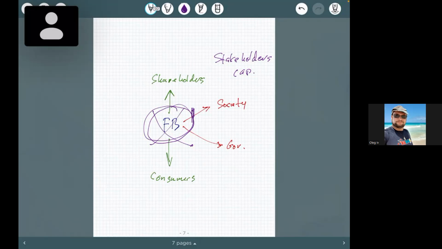It means they pay taxes, they contribute to what society values, and government as a representative of society economically tries to achieve. In this case it's security, but more often it's taxes. Basically, the company has to pay a fair share of taxes.